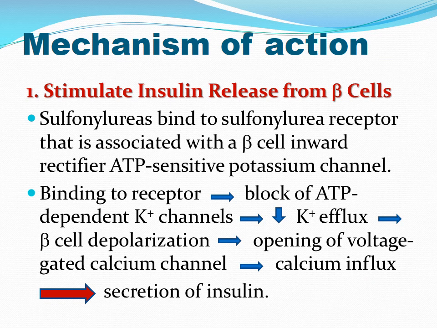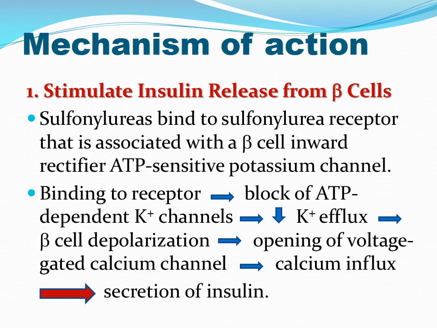Now, how do sulfonylureas stimulate insulin release from beta cells? Sulfonylureas bind to a specific receptor associated with the beta cell inward rectifier ATP sensitive potassium channel. Binding to the receptor blocks the ATP dependent potassium channel, leading to decrease in potassium efflux from the cell.